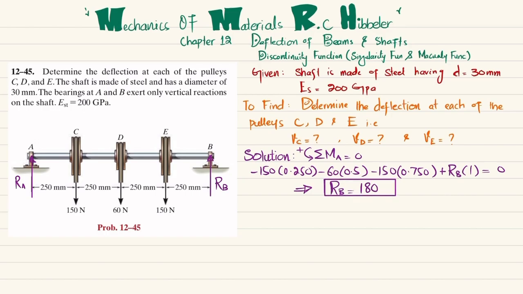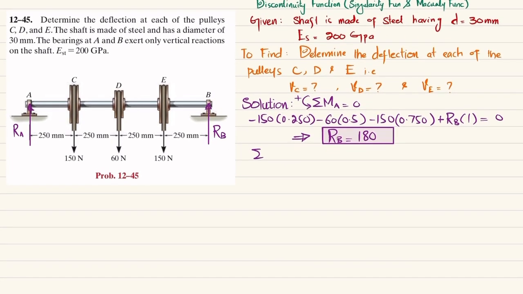Okay. Now we'll find RA by using another equation of equilibrium, that is, the sum of all forces along the y direction must be equal to 0, and upward force is taken as positive. So RA is upward, so RA minus 150 minus 60 minus 150 plus 180 is equal to 0.